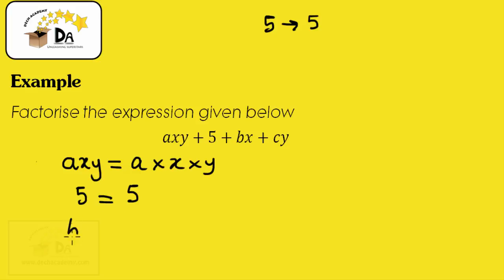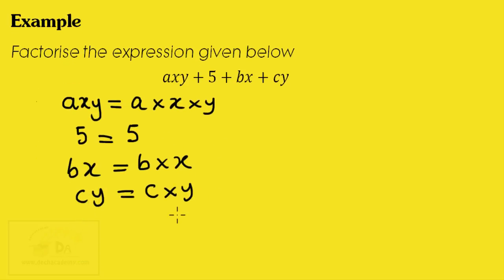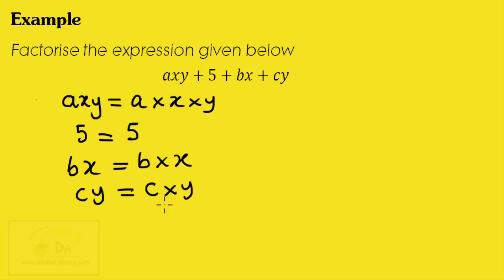The next term, bx, same thing as b times x. And cy, the same thing as c times y. So now we need to look for common factors to the expression. So what are the common factors to these terms? Well, a only appears here, x appears here, and here.